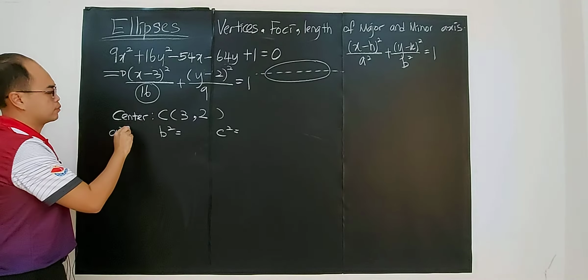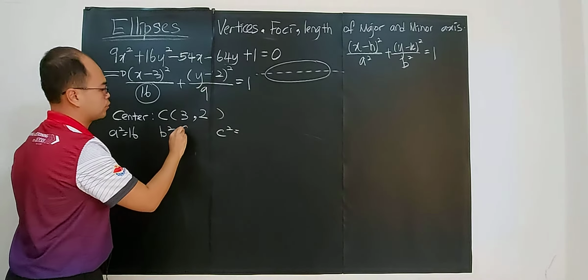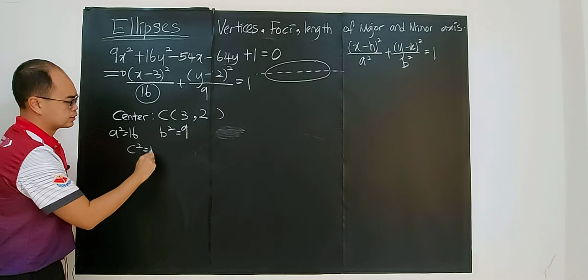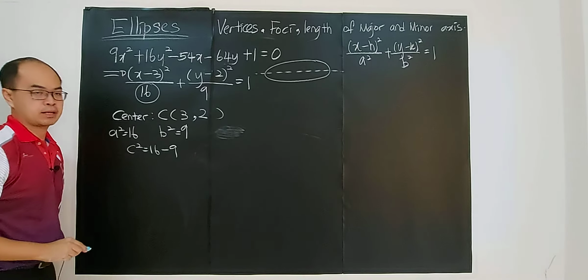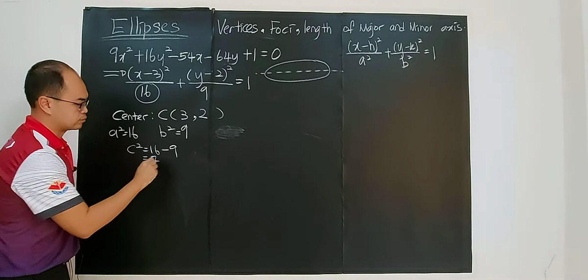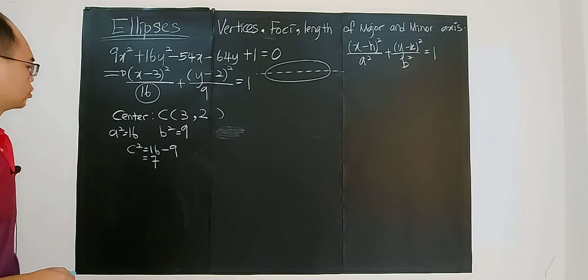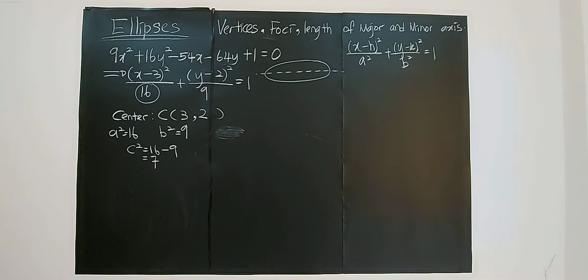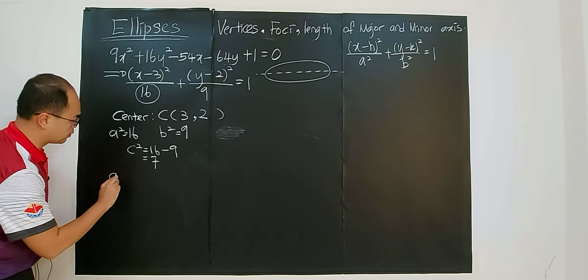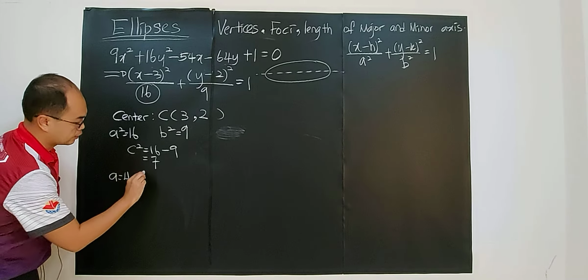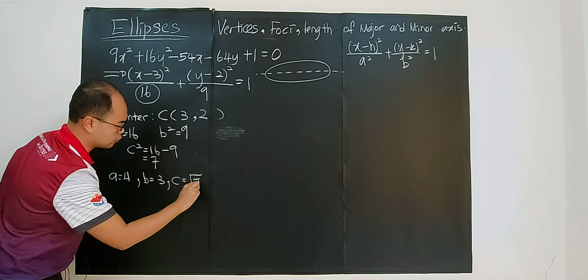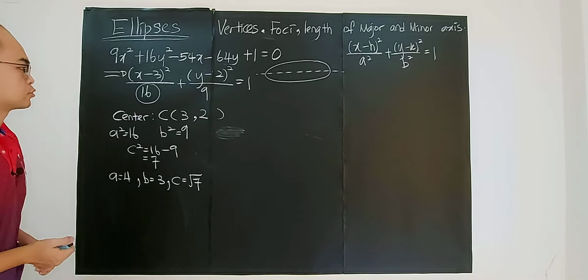Your a squared will be 16, your b squared will be 9, and your c squared will be 16 minus 9, which gives you 7, right? So we can find the values of a, b and c. The value of a is 4, the value of b is 3, and the value of c is the square root of 7.